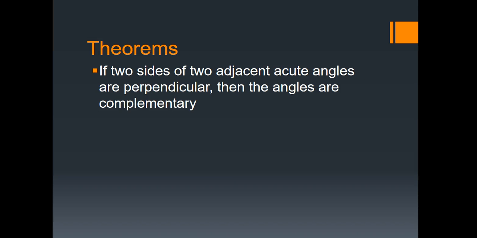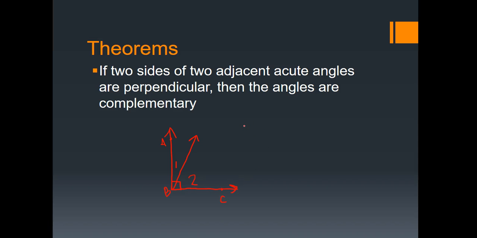Next thing, if two sides of two adjacent acute angles are perpendicular, then the angles are complementary. So drawing that, say we have two adjacent angles like this, and that's a right angle, and this is angle 1, and this is angle 2. Let's call this big angle ABC.